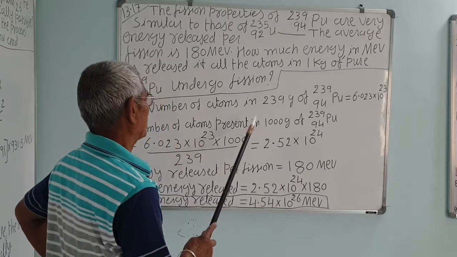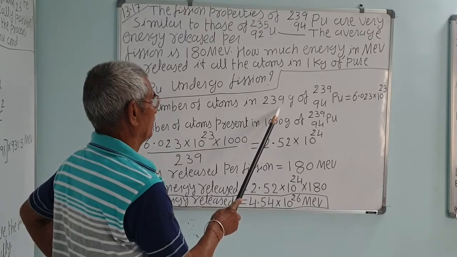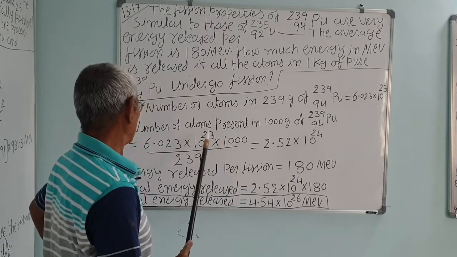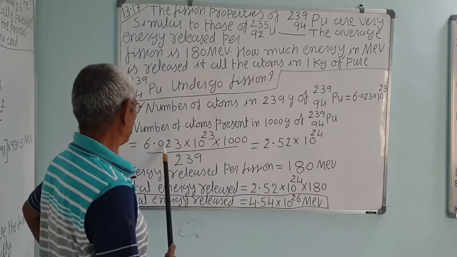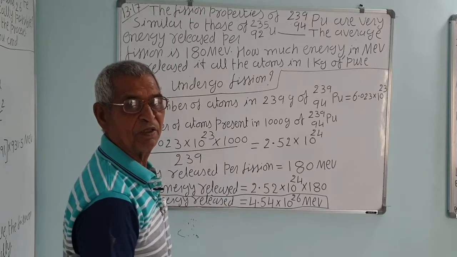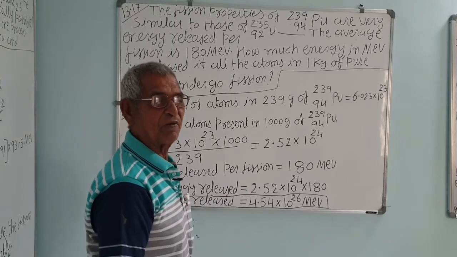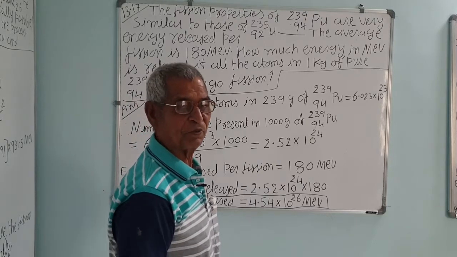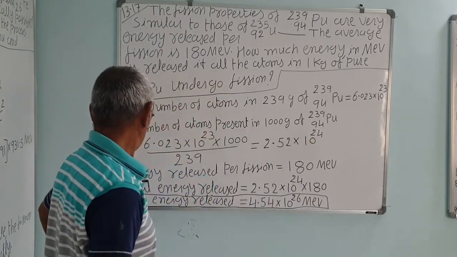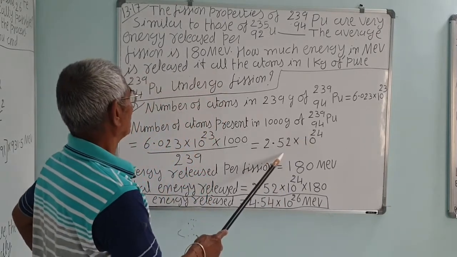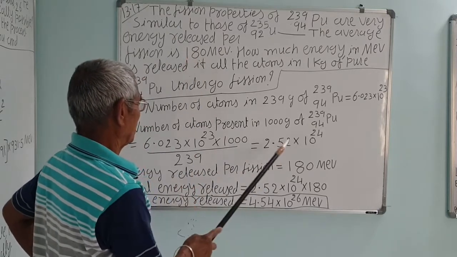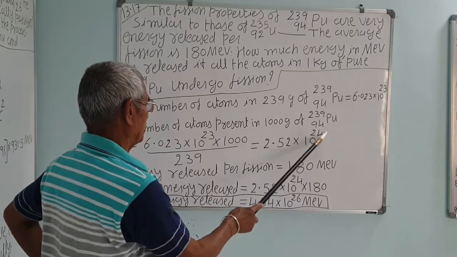In 239 grams the number of atoms is this. So how many atoms will be in 1000 grams? That will be 6.023 into 10 raised to 23 multiplied by 1000 divided by 239, which comes to about 2.5452 into 10 raised to the power 24. Now, one atom releases 180 MeV of energy, and this many atoms undergo fission.